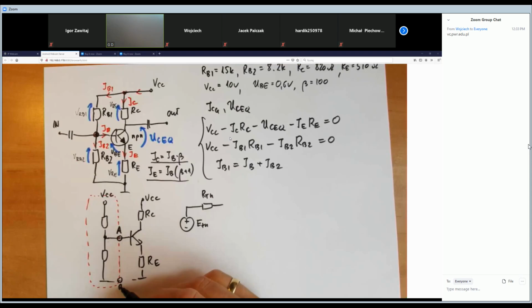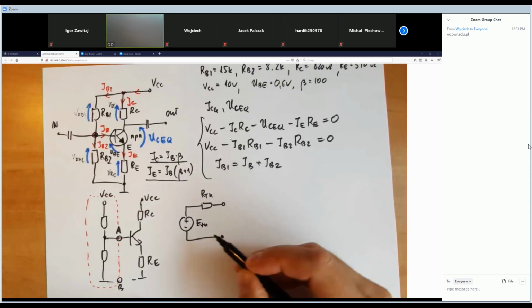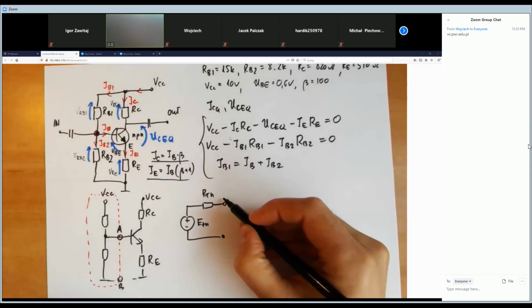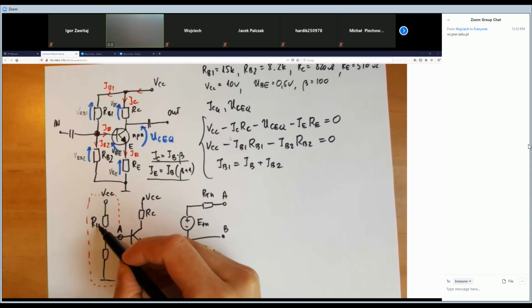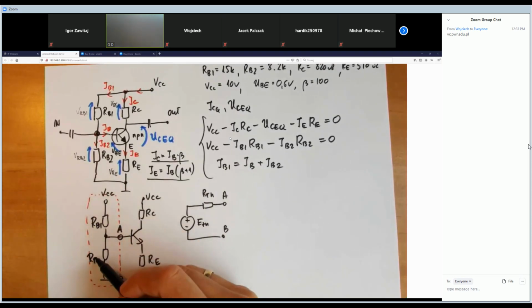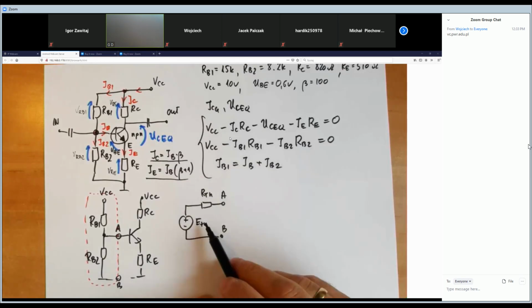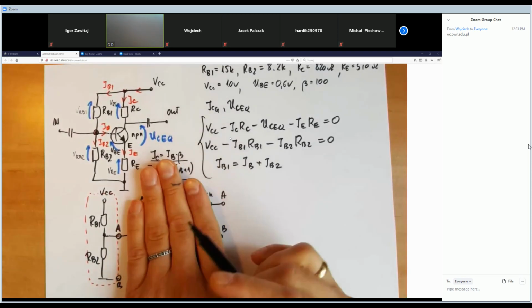So according to these two points, let's find the equivalent circuit. This is A and B, this is RB1, this is RB2. Okay, so we've got it. How can we find the RTH and ETH for our circuit according to the A and B points?